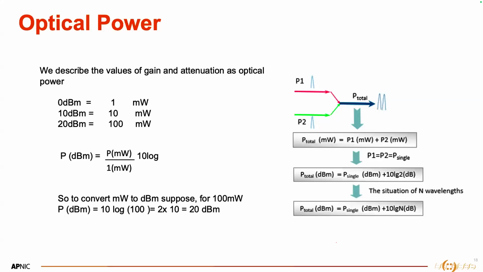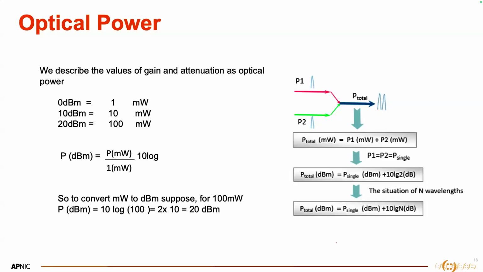Now, if you are running a system with 10 lambdas, the total power of your lambdas which are passing from the mux unit and trying to reach the next destination is equal to the power of a single lambda plus 10 log 10.